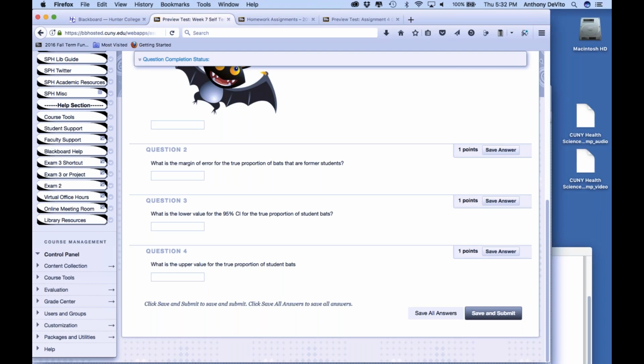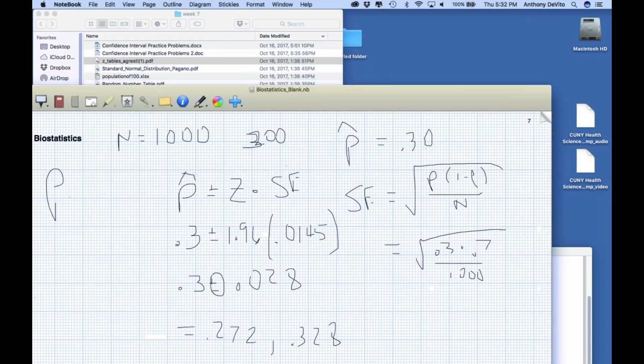The only thing that threw you a little curve is that I didn't ask you for the standard error. You had to figure out for yourself that in order to calculate the margin of error, you need the standard error, because the margin of error is the total amount that I'm going to add and subtract from the proportion. Here, let me clarify that.